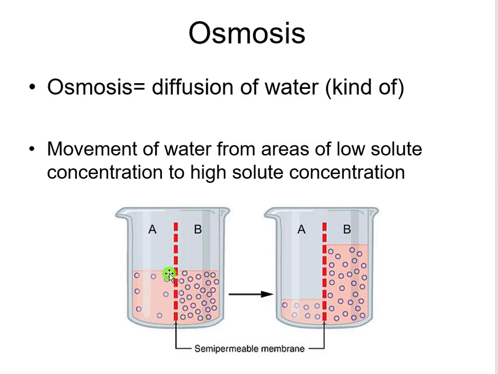But water is actually much smaller. So what I want you to see then is that water also wants to move. That tendency for water to diffuse from areas of high concentration of water, which is chamber A, to low concentration of water, which is chamber B, means water will want to move from chamber A into chamber B.